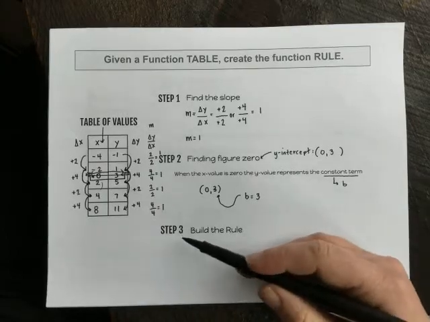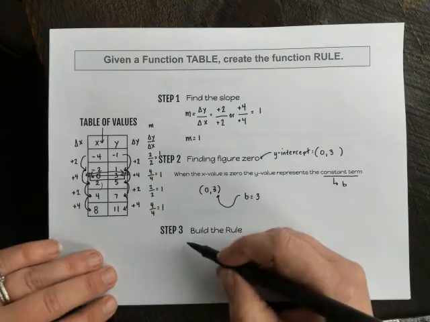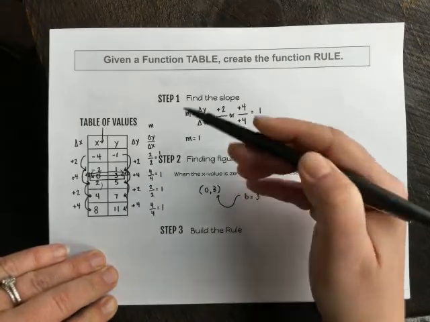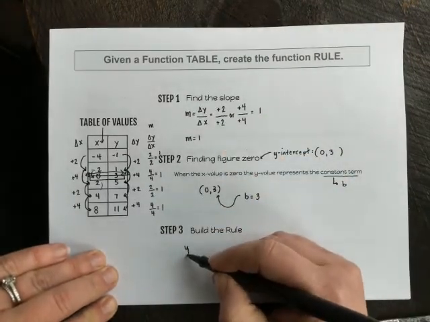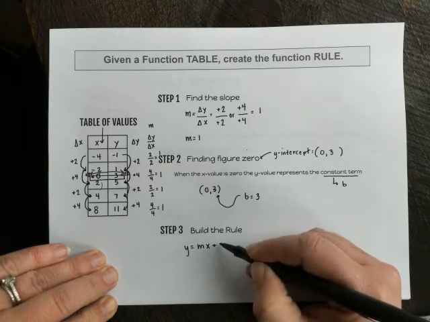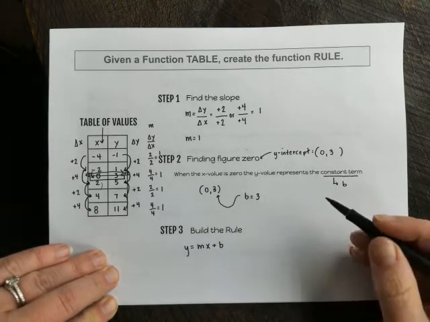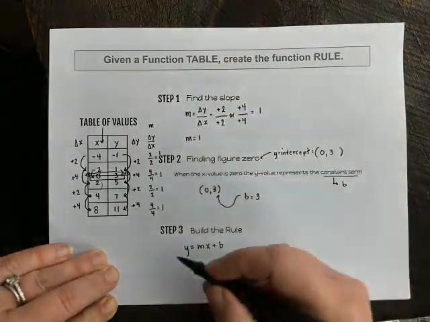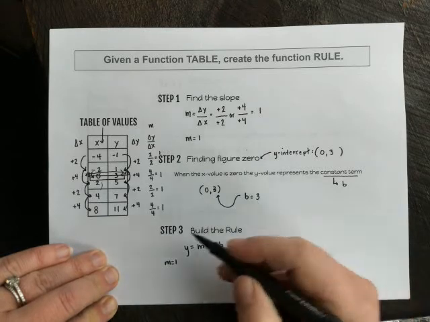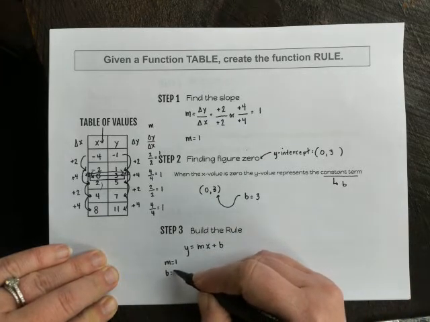The final step builds the rule. Since this table has a constant rate of change, I know that the equation will fit in the form y equals mx plus b. Step 1 identified the m for me. Step 2 identified the b.